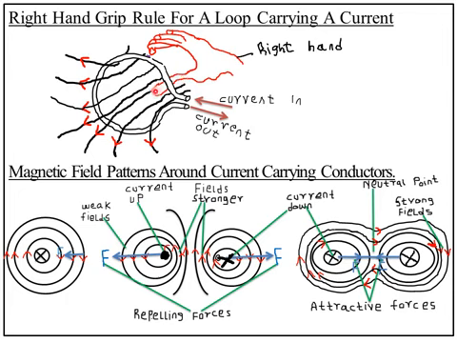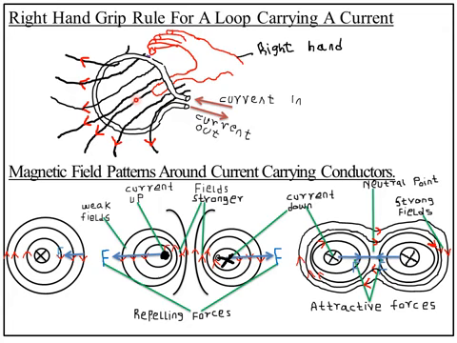So the direction of pointing of the thumb represents the direction of the magnetic field, or the magnetic field line. That's why you see me indicating the arrow, the direction of the magnetic field lines, in alignment with the direction of the thumb.